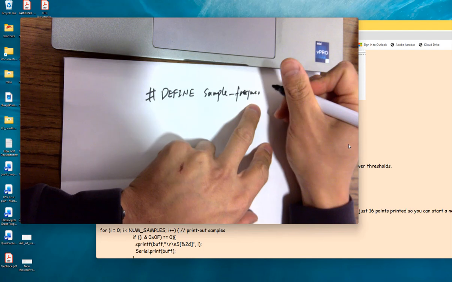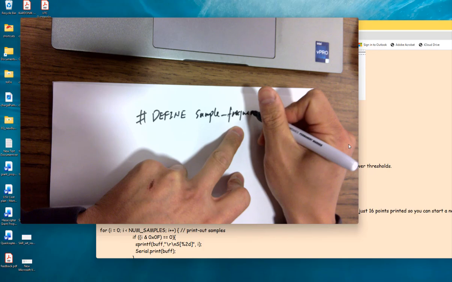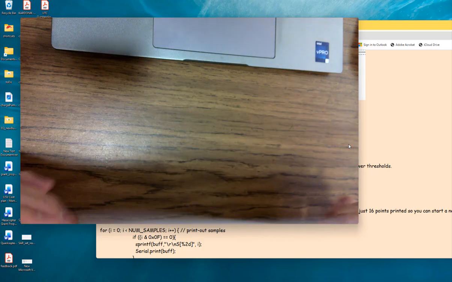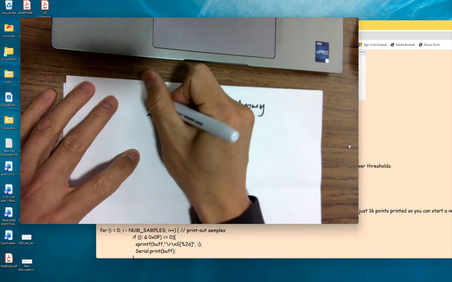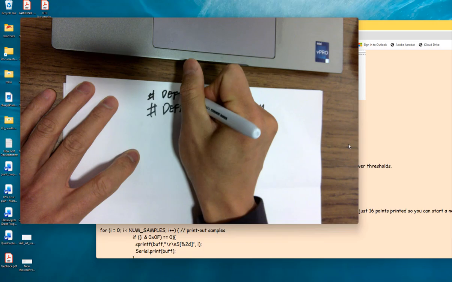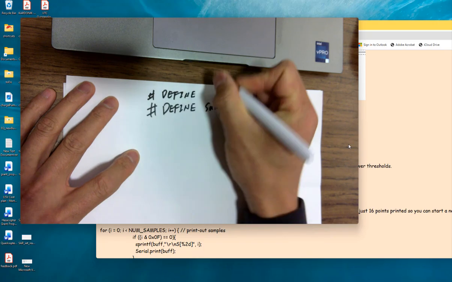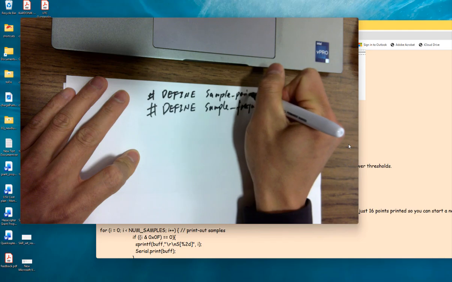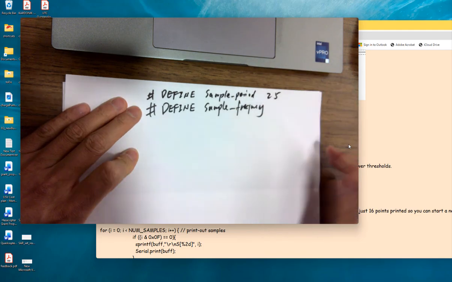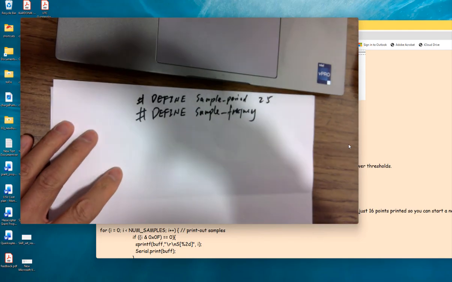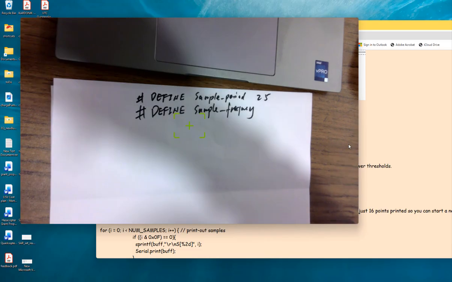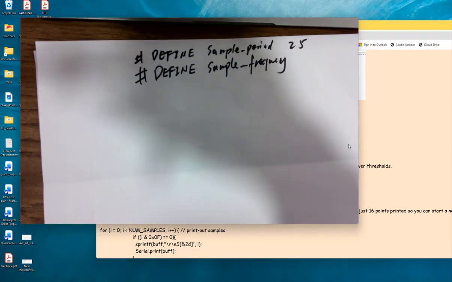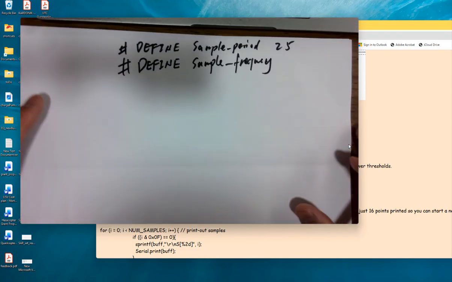Sample period, sample frequency. So I do this, right? Now I'm trying to define sample frequency. It's not a unique way to do it, but I'm just showing one of the ways to do it, right?